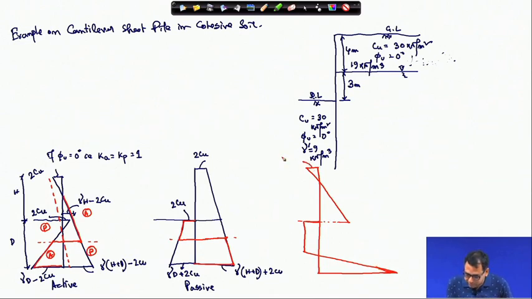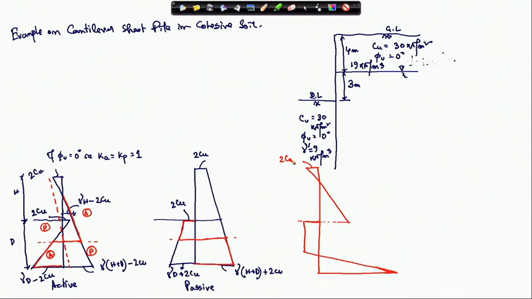So, the values are 2 Cu, and then this value is gamma h minus 2 Cu.